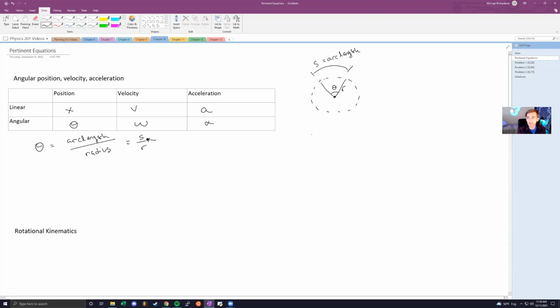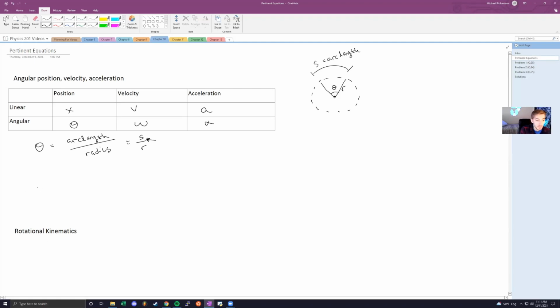So like, let's say we have a spool of wire, and we want to undo that spool of wire. Instead of calculating the length for how much we actually pull out, what we can do is figure out how many times that spool has revolved. And then based on that, we can find out what that arc length would be, or rather the total distance of wire that we would have.